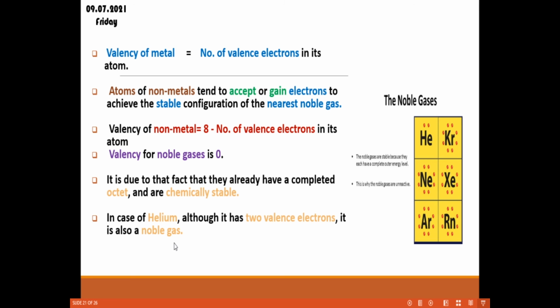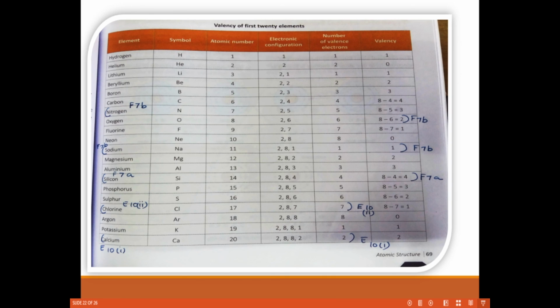In case of helium, it has only two valence electrons, but it is also a noble gas. Okay, so see this example: hydrogen, helium, lithium, beryllium, boron, carbon, nitrogen, oxygen, fluorine, neon, sodium, magnesium, aluminum, silicon, phosphorus, sulfur, chlorine, argon, potassium, calcium.